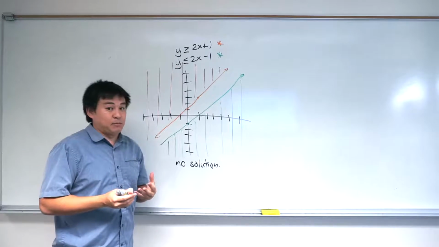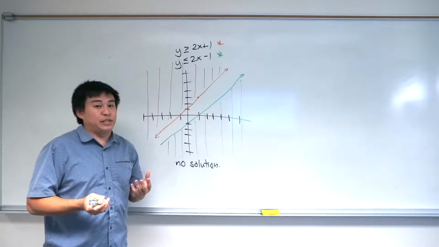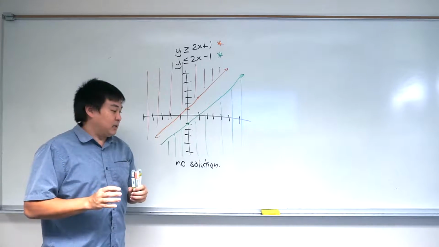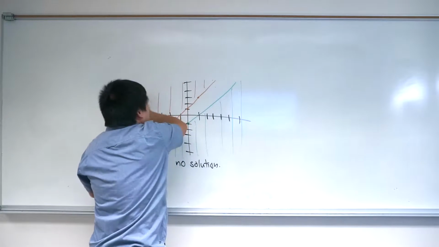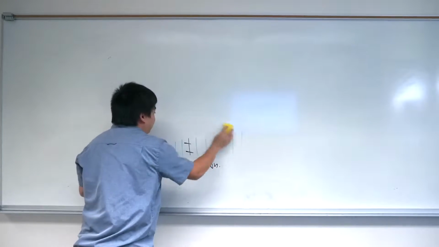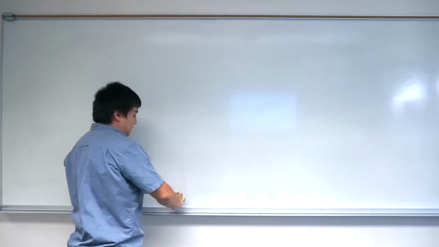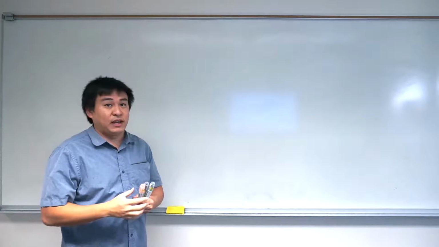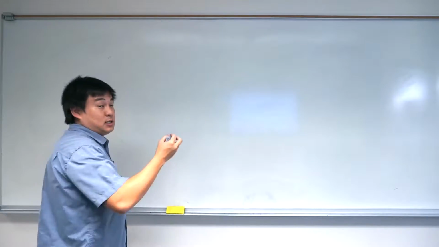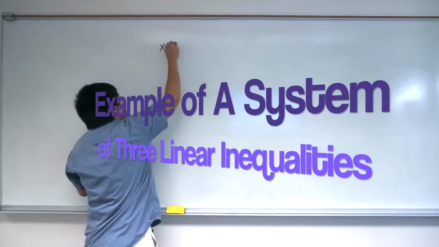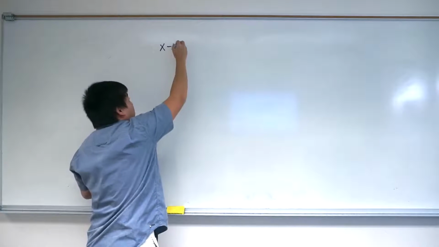In this last example, we'll do one where there's 3, and there's a little bit of a difference in this third example, because instead of just having the y is less than or greater than some sort of x value, we're also going to have one with just x's, so you can see what happens. So x minus y is less than 3.